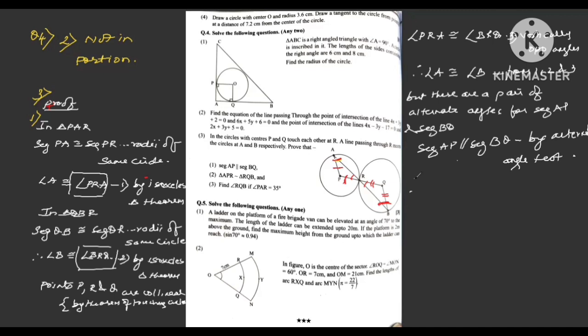This was the first part of this question number 3. In the second part, they want me to prove triangle APR is similar to triangle BQR. It's so simple.